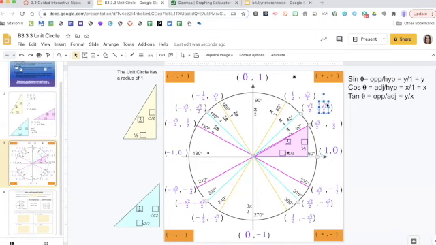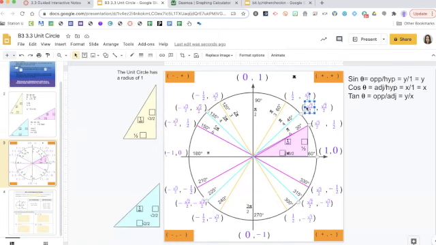Believe it or not, all of the tangents for the intervals of 45 degrees are easy as well, because what is anything divided by itself? Anything divided by itself is 1.